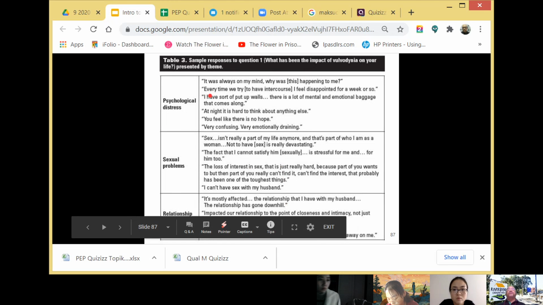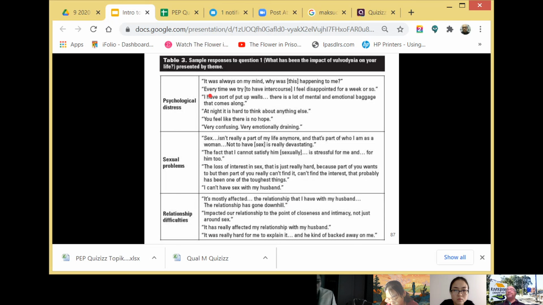So these are other examples. In order to make your data credible, in your findings, in your writing, you need to write down the actual quotation, and these are the actual quotations.